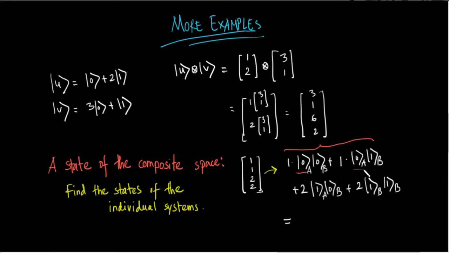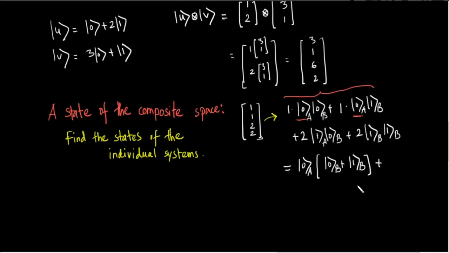Here is a |0a> and here is a |0a>. If we take that common, we get |0a> times (|0b> plus |1b>).